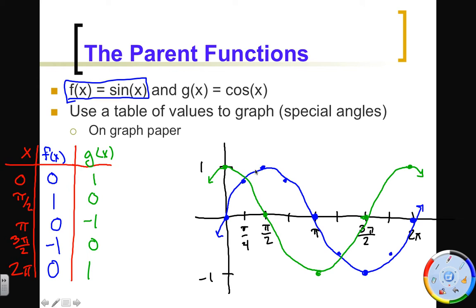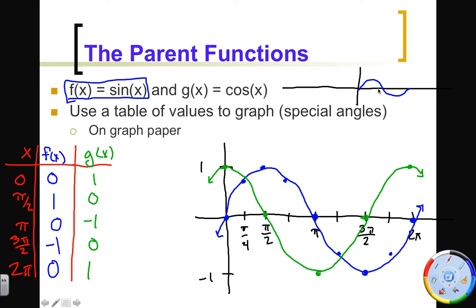Well, here's the beauty of these types of functions. This pattern that we just graphed continues forever. If I just sketch up here a basic sine curve, we know that sine starts at 0, 0, goes up, down, and up. That's what our sine curve looked like.